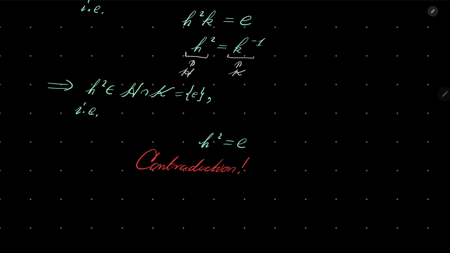In other words, supposing that H squared is not E leads to contradiction, so it must be equal E. Funny little fact.